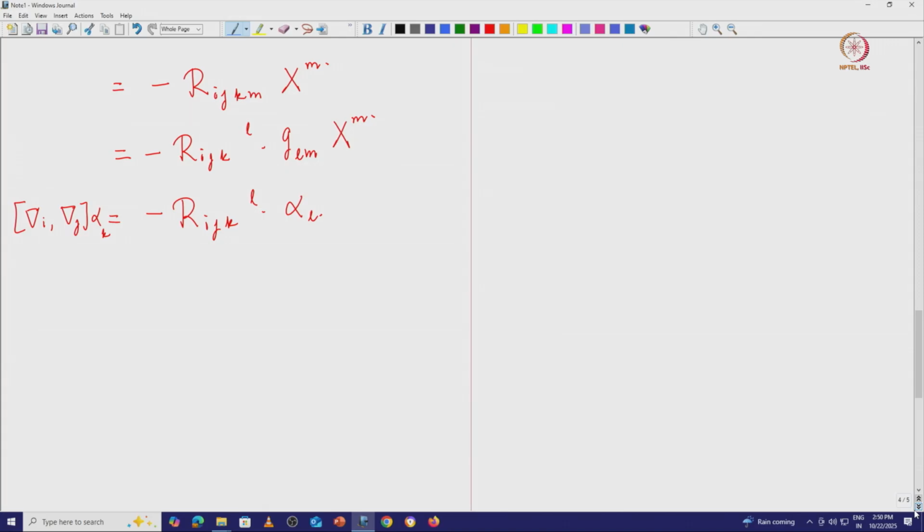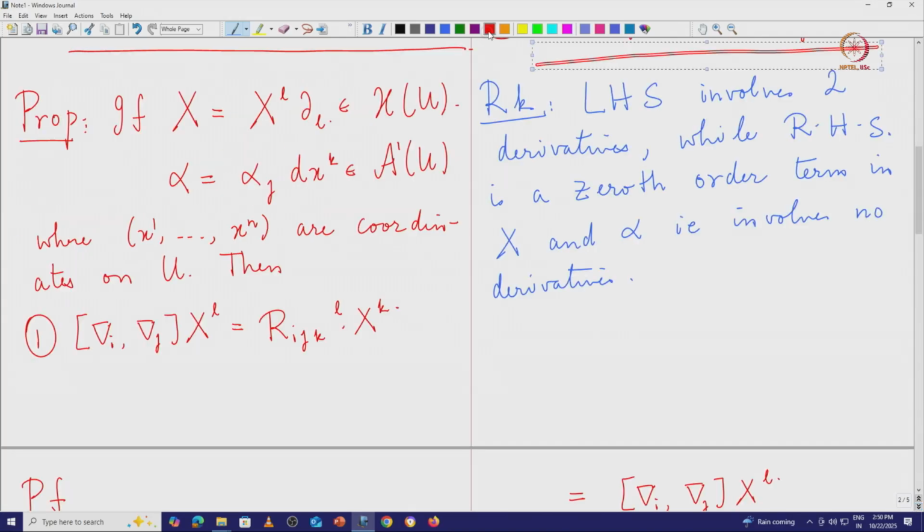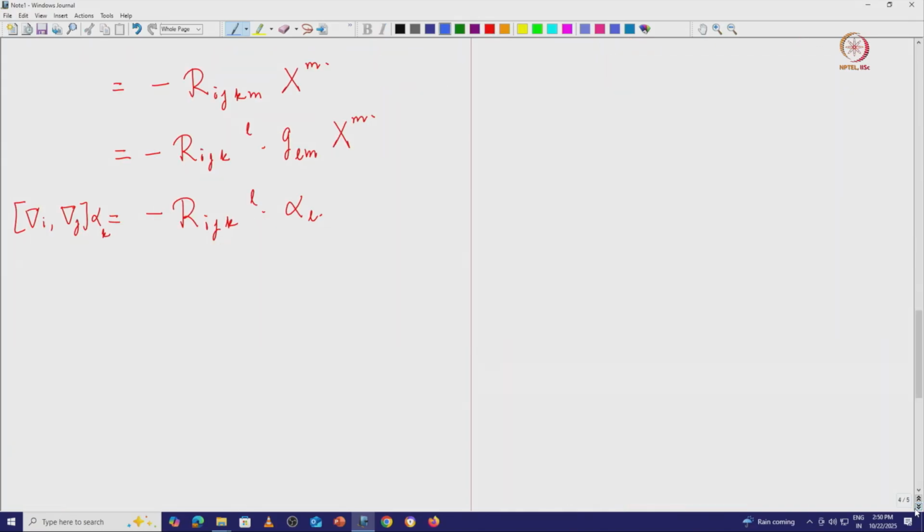All right. So more generally, for arbitrary tensors, one has the following. Let me write it here: proposition.